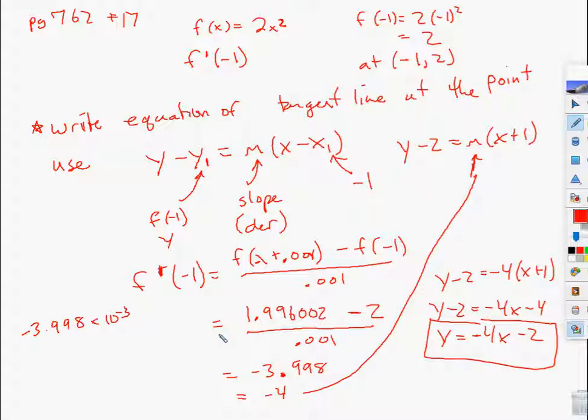All right, I want to try a harder derivative. Any questions on this, or do you need to see another one where you get the actual tangent line? So this is the equation of the actual tangent line. If I were to graph this, here's a rough sketch.